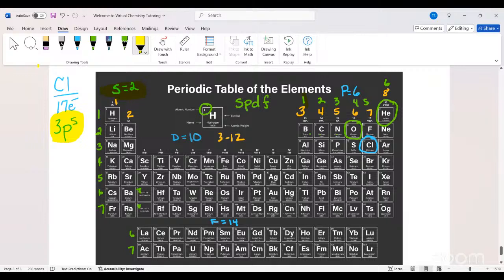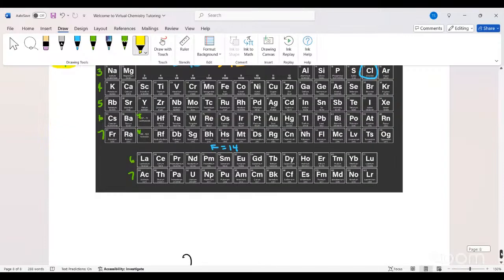So to give me some space, I'm going to write it down here. So the first thing I'm going to write is 1s2, 2s2, 2p6, 3s2, and the last thing I wrote was 3p5.